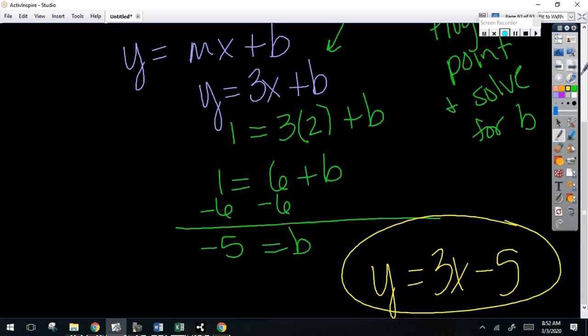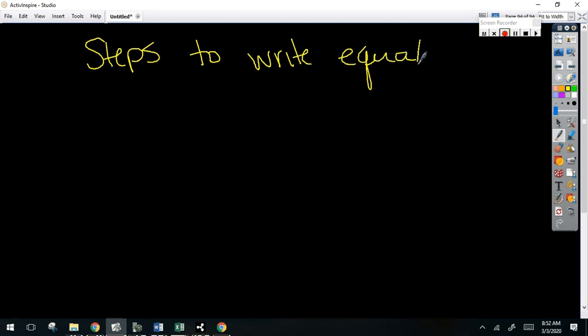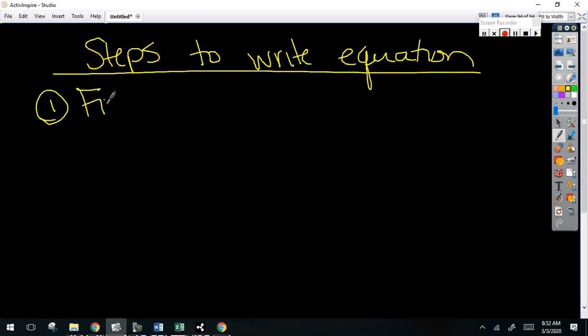All right, so each time, let me give you the 2 steps that we're going to do. I'm going to do another one. Steps to write your equation. The first thing you want to do is find the slope if you can.